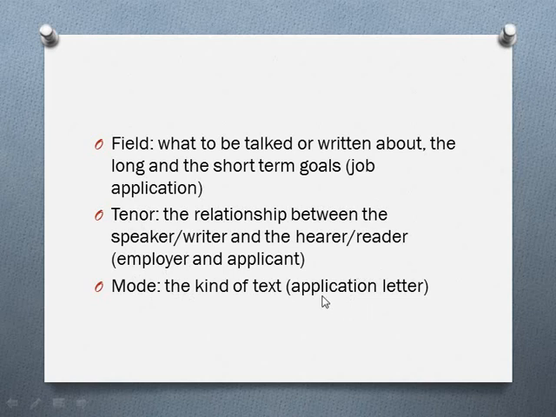So the mode is application letter, and the tenor are employer and applicant, and the field is job application. And these three parts of text are actually related to the function of language, which is functional grammar.